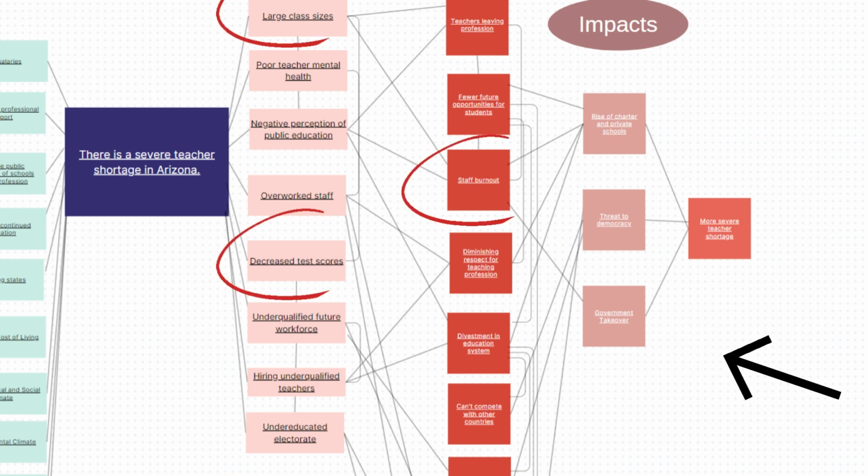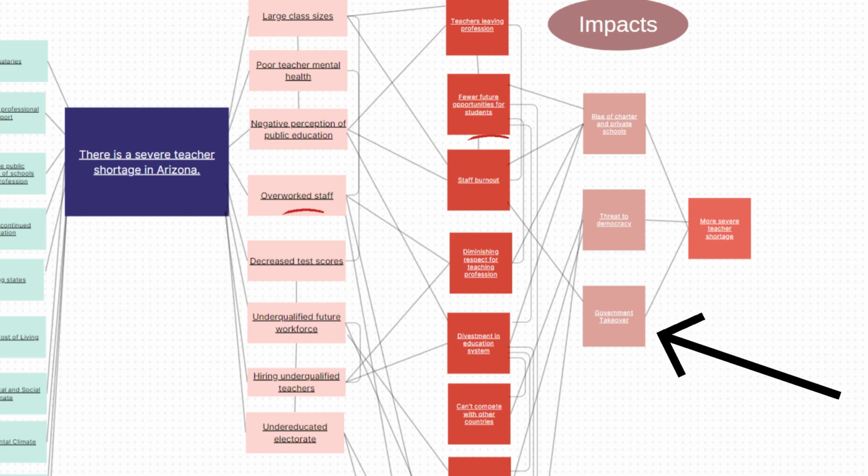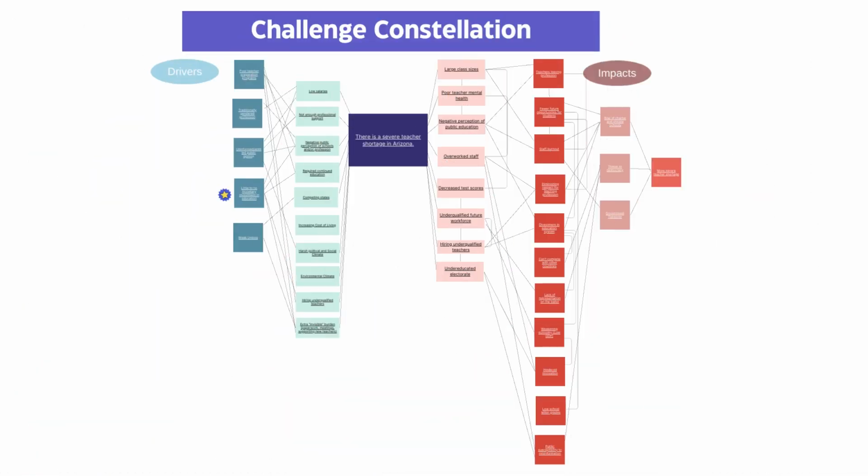As you can see, just like the drivers, the direct impacts of the problem can lead to more and greater impacts. Keeping this side of the constellation as organized as possible by color coding, organizing bubbles into columns, and using arrows will be essential. Your teachers will help you create your own challenge constellation using platforms like Canva or Google Slides.